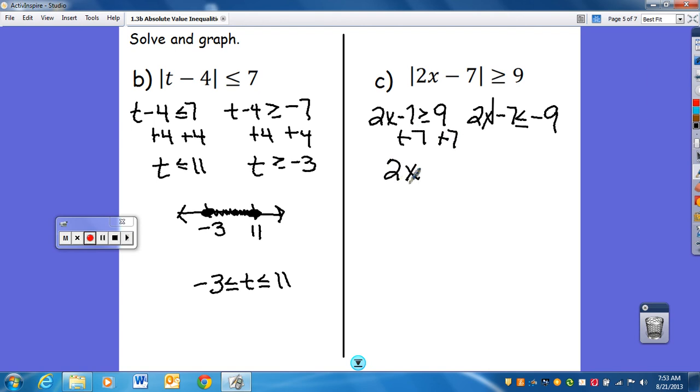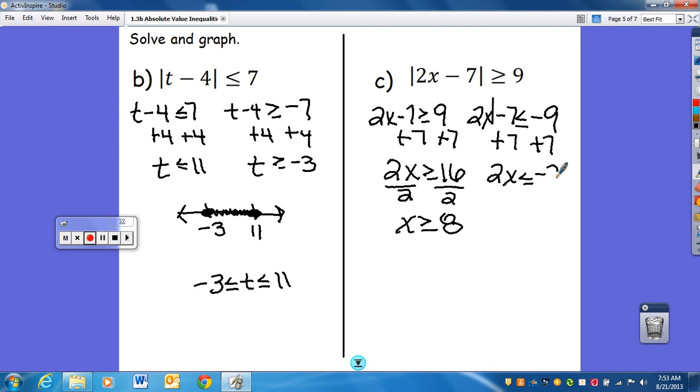So we have 2x is greater than or equal to 16, and then we're going to divide by 2, the opposite operation. Keeping our inequality facing the same direction, we have x is greater than or equal to 8. Add 7 to both sides, the opposite operation. We have 2x is less than or equal to -2, and then we're going to divide both sides by 2. So we have x is less than or equal to -1.